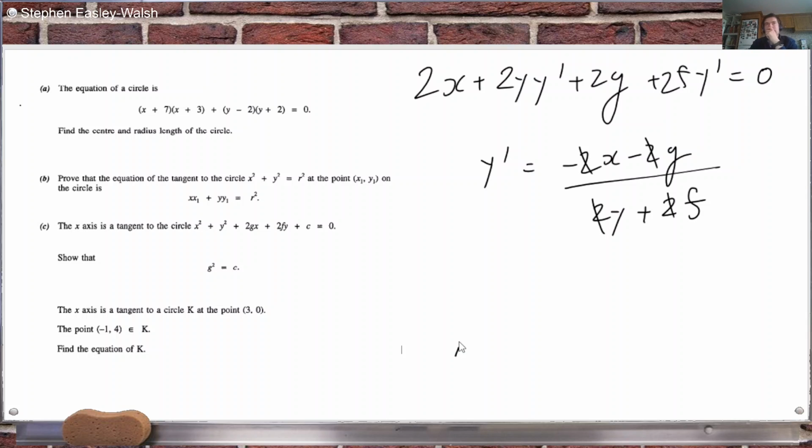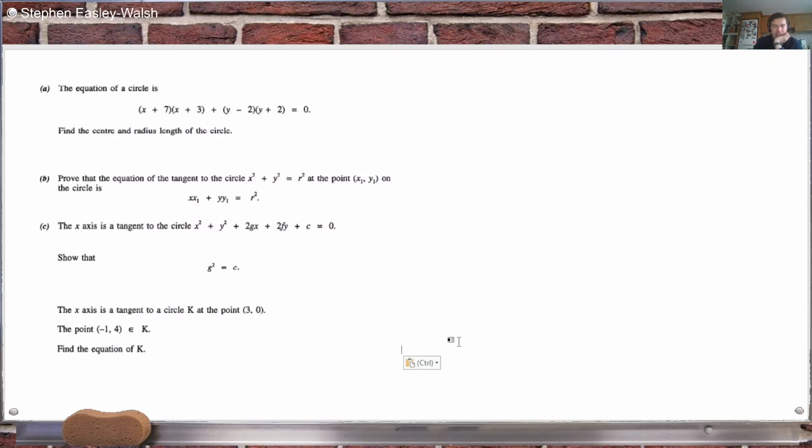It's 0 when y is 0. No, that doesn't help. I don't think that helps anyways.